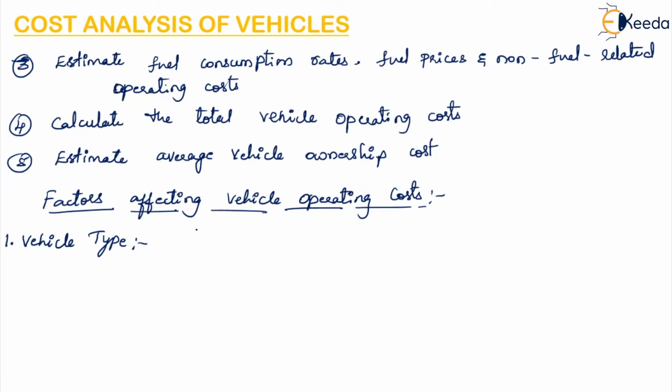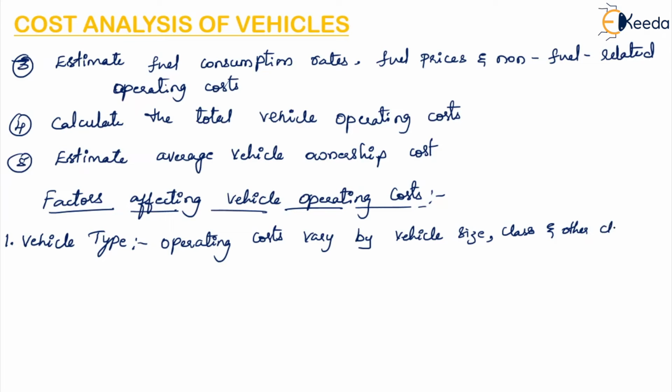So trucks will have much higher vehicle cost than car. So it depends on what type of vehicle. So operating cost varies by vehicle size, class and other characteristics.